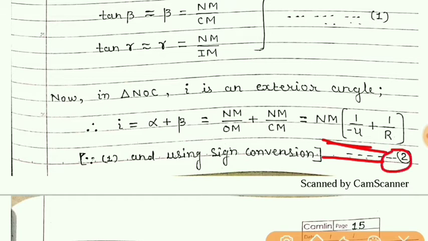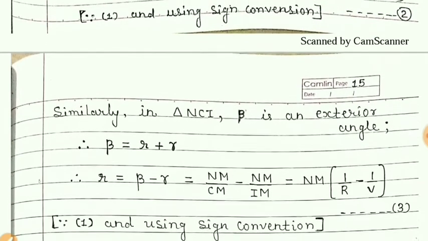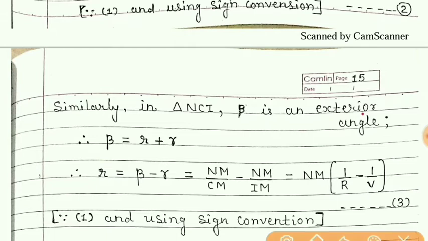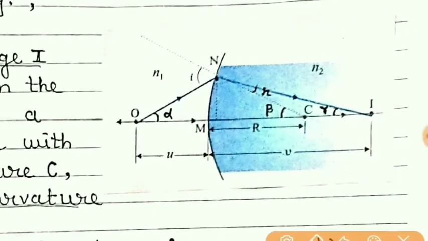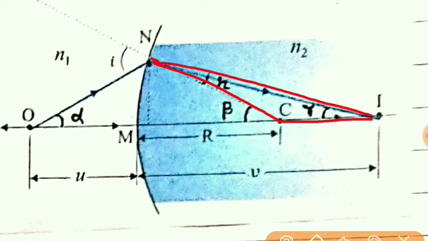Let us give equation number 2. Once again, concept of exterior angle. Beta is an exterior angle of triangle NCI. Look at this triangle NCI: this is point N, then C and I. So for this triangle, this angle beta is an exterior angle, and this r and gamma are the interior opposite angles.